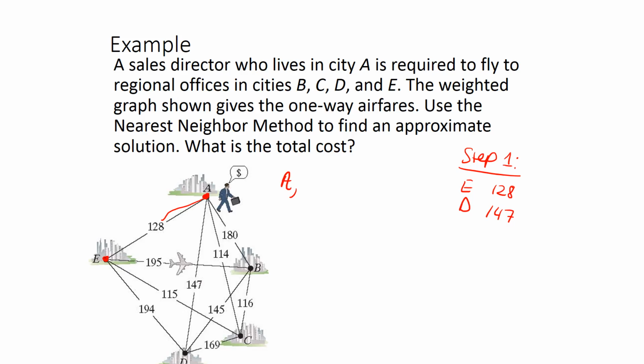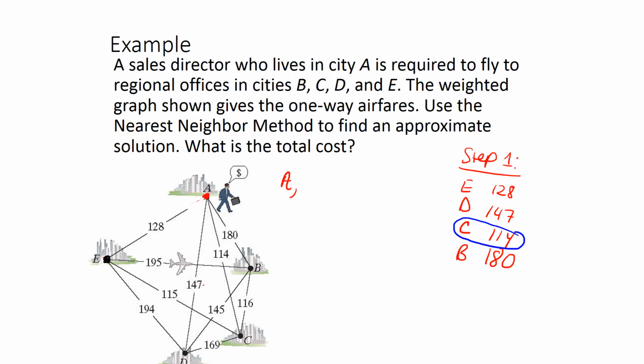Again, that's just listed from A to D. From A to C is 114. And if we go to vertex B, that's 180. So the nearest neighbor means we start at vertex A and we go to the cheapest place. Okay, so we want to find the cheapest one of these. So it looks like C costs the least.